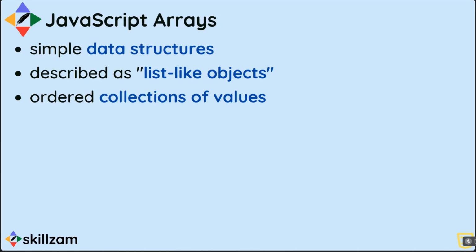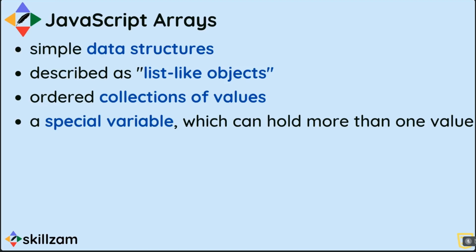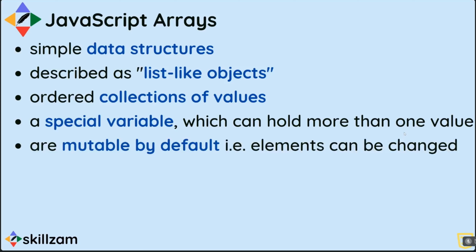But for now, understand that they are simple data structures. They are list-like objects, and they have an ordered collection of values. So an array is a special variable which can hold more than one value. And arrays are mutable by default. What we have seen in the 7 primitive data types are all immutable, which means their values cannot be modified or changed.